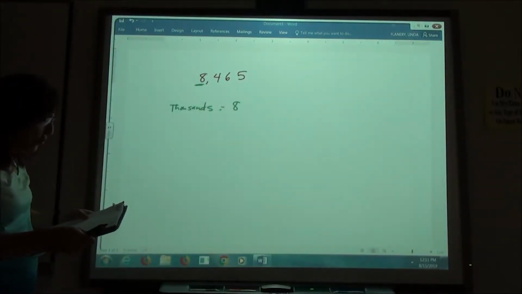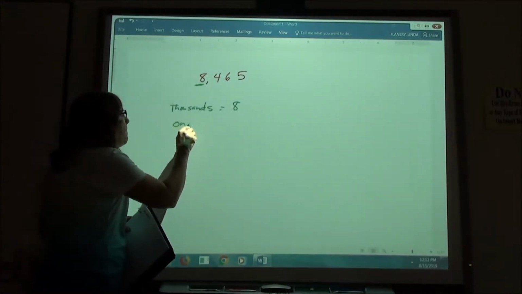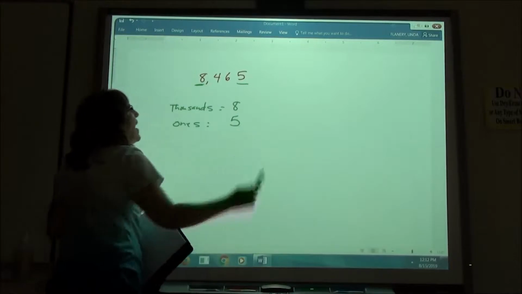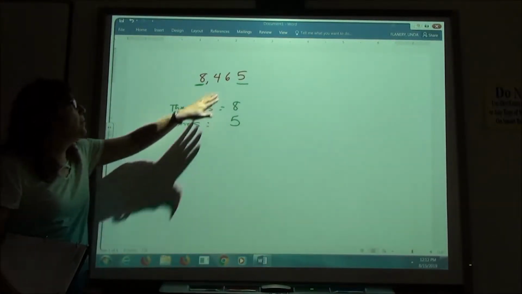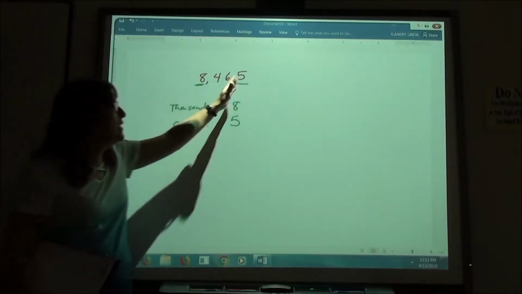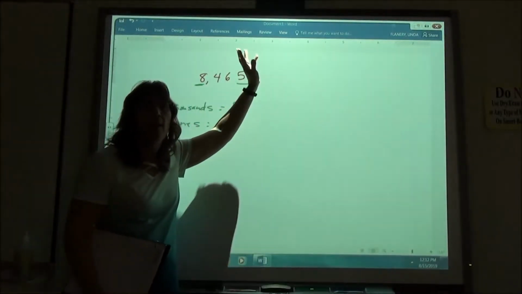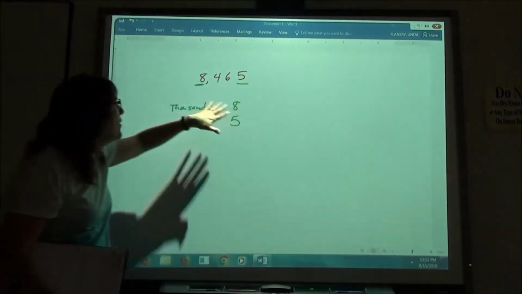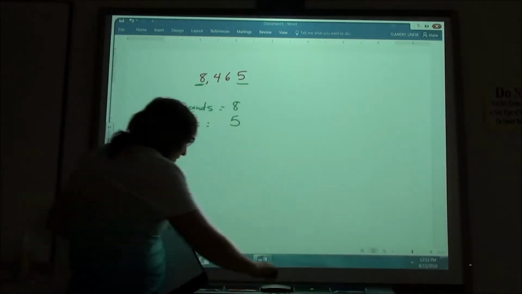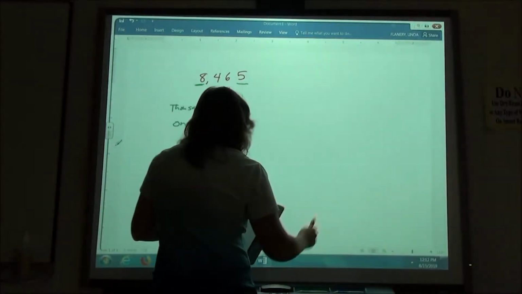It also wants the one in the ones place, my 5. Now notice that the numbers in front of the decimal will end with a plain S. When you get to the chapter on decimals, they'll end in a THS. So if it just ends in a plain S and not the THS, we know it's in front of the decimal.